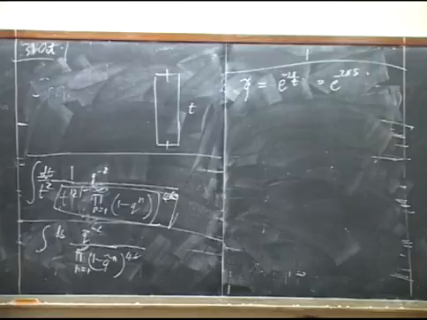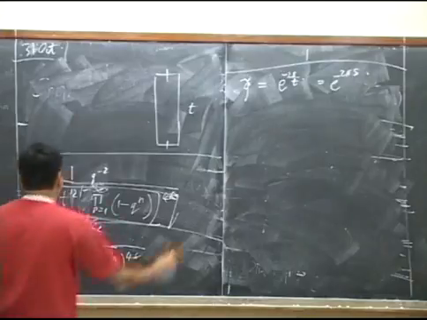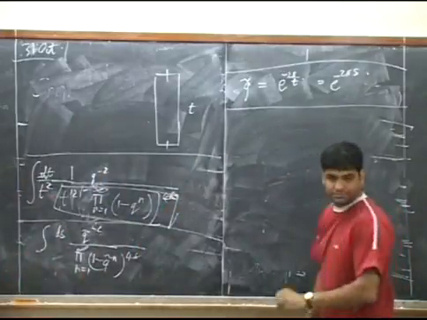The original q is e to the power minus 2 pi t. So this was the structure we had.